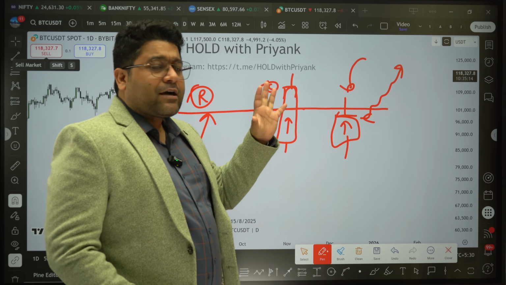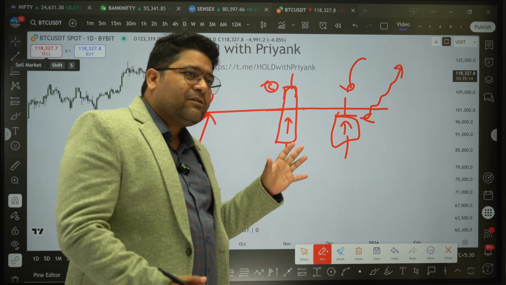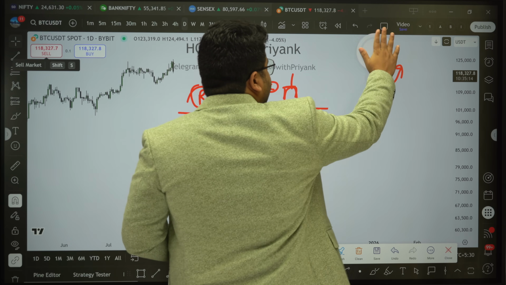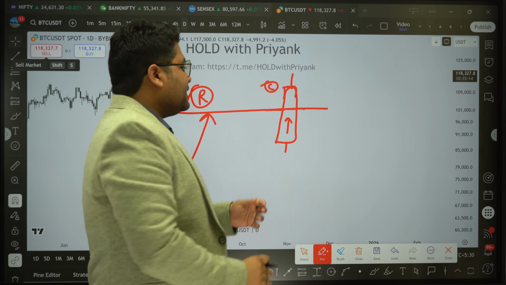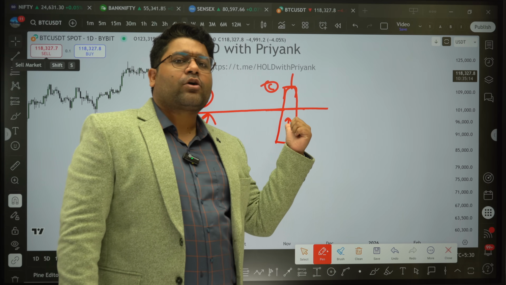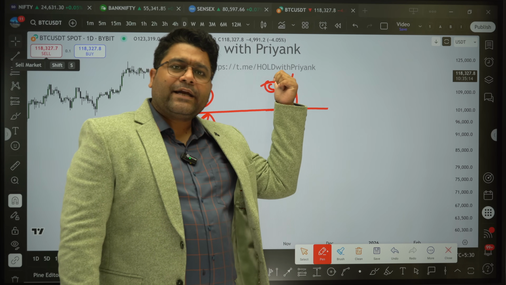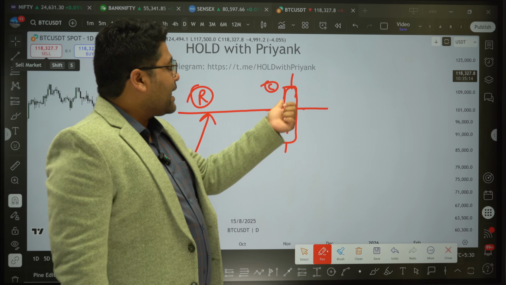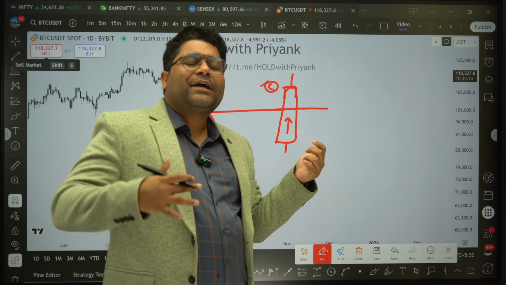The right way to check a fake out is to let people believe that it has broken out, and that usually happens when the candle closes above the level. So in this case, it seems like that level is broken because the candlestick has already closed above this particular level, right? But whenever a candle closes like this, don't go ahead and directly buy.